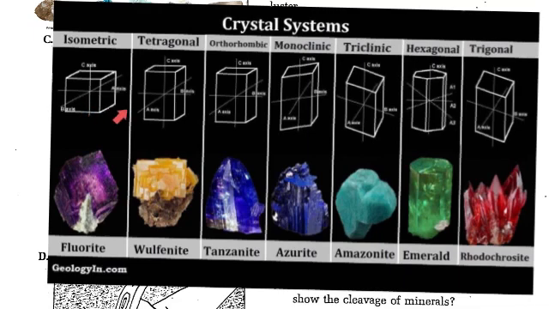So some form cubes, some form rectangular cubes, and some are a little bit slanted, and it just depends on how they are formed and in which direction they're formed. And some are just a little off center. They're rectangular type of prisms that they've got going on here. Some have 6 sides, and there's so many more than just what you see here. These are just some examples.